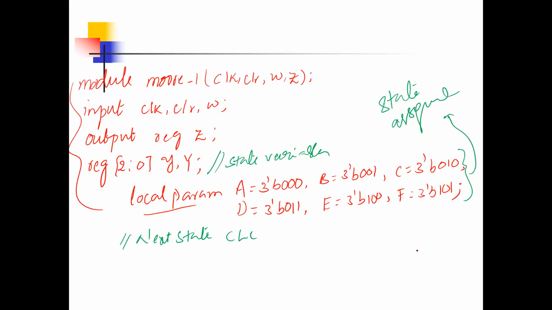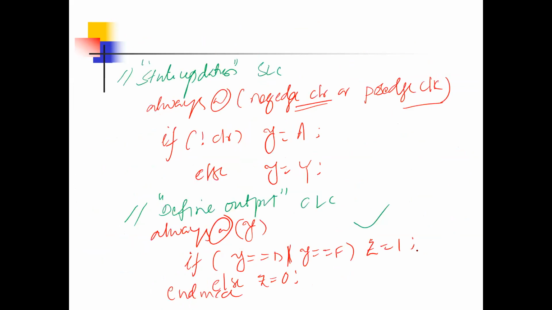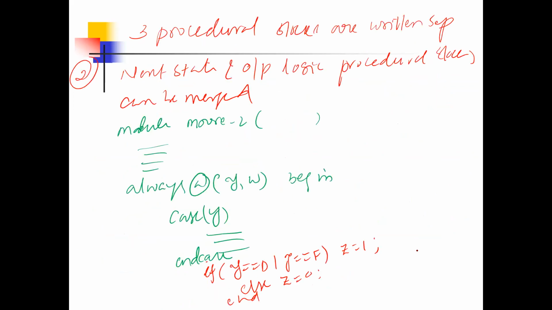Then start with the module, the code declarations and the parameter declarations. Then start with the next state logic, which is one procedure block. Next for the state updation is the second block, and one for the output logic. So the same three different procedure blocks can be combined.